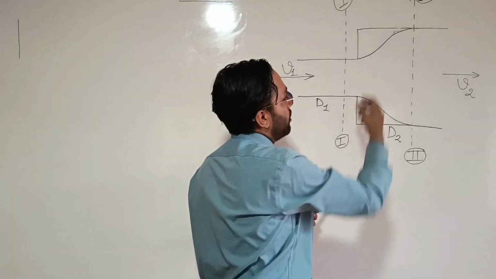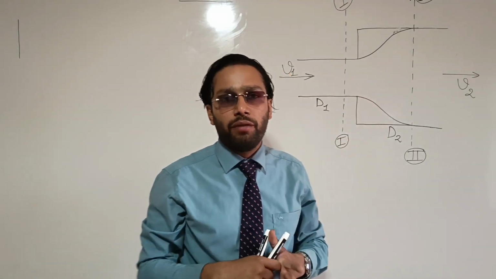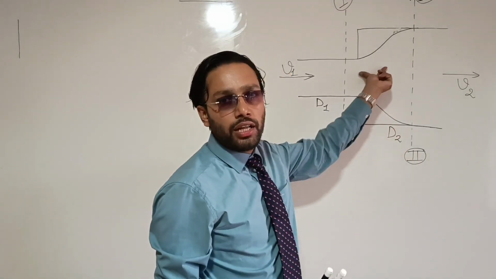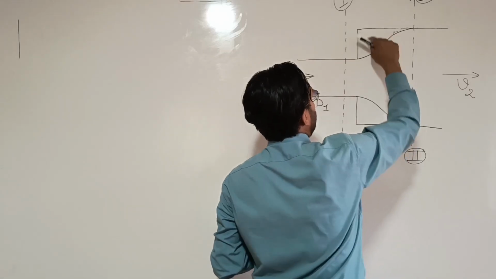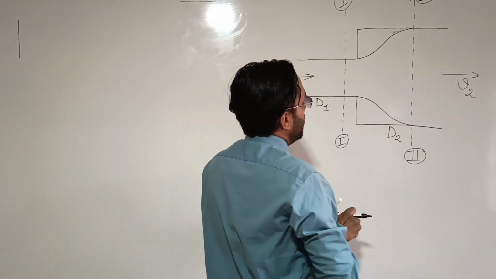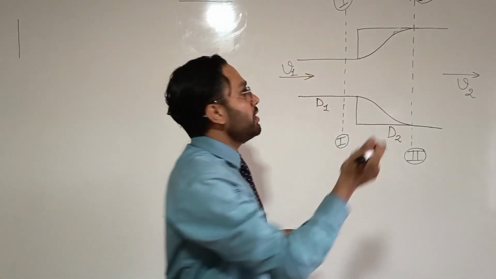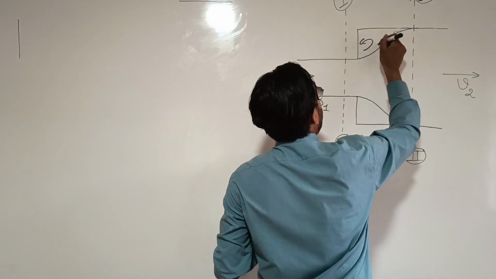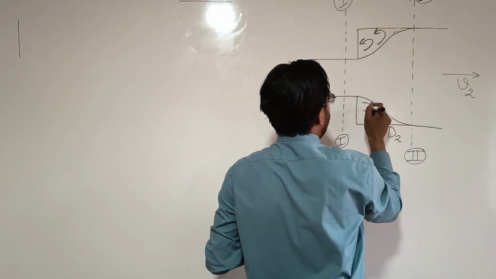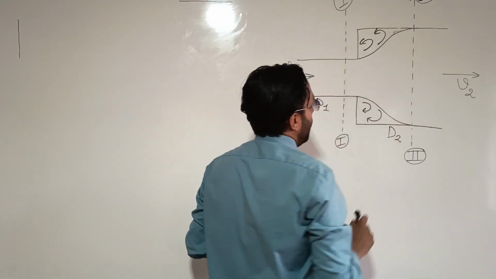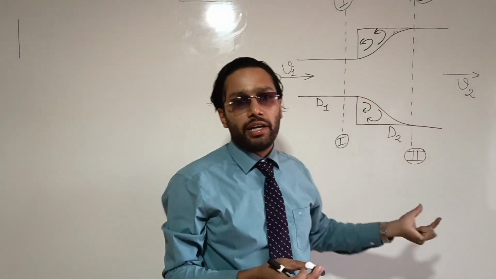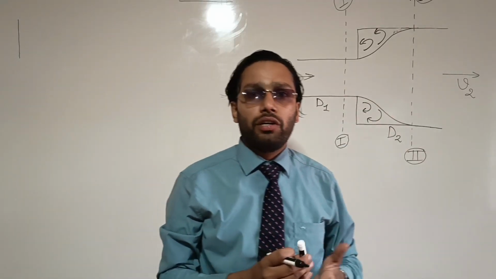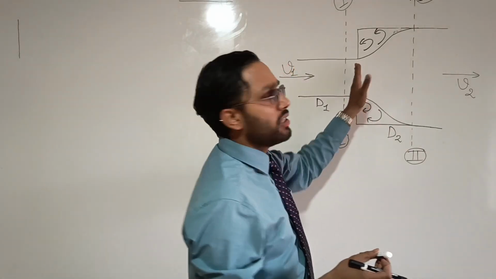So some eddies will be formed, and there is a separation of the flow. Here the eddies are formed, and this is why the minor loss occurs due to this transition.